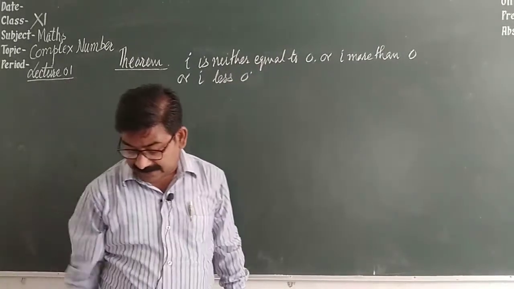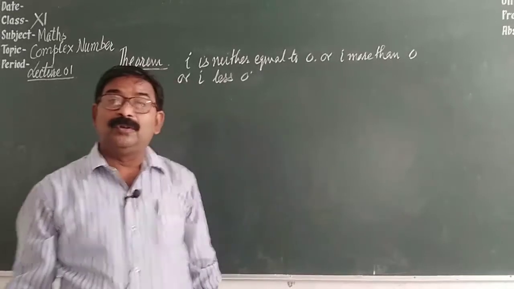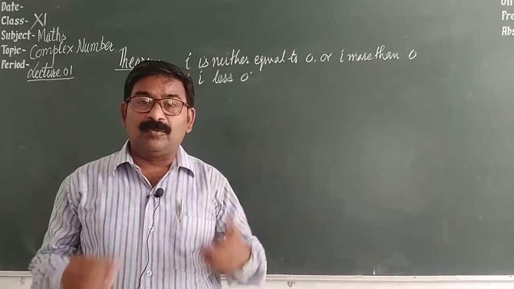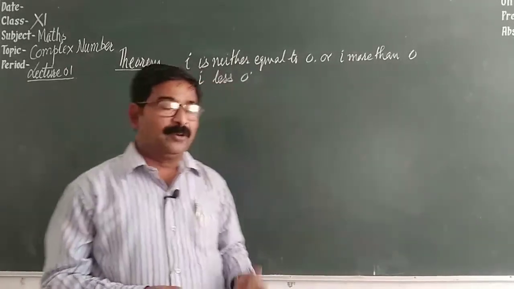Means i is neither equal to 0 nor more than 0 nor less than 0. So let's see what kind of number this is. We are going to prove it.